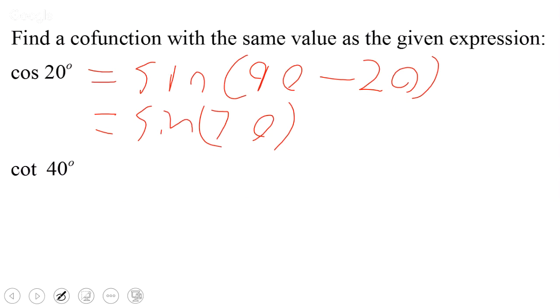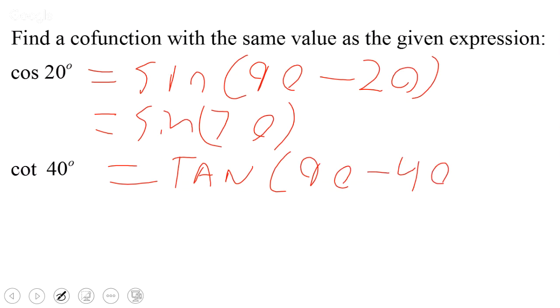And cotangent of 40 degrees, well, tangent is the cofunction, of 90 minus 40. Well, 90 minus 40 is 50. So it's tangent of 50 degrees.